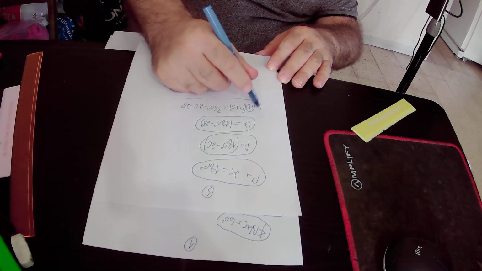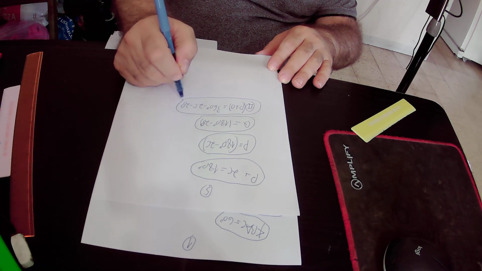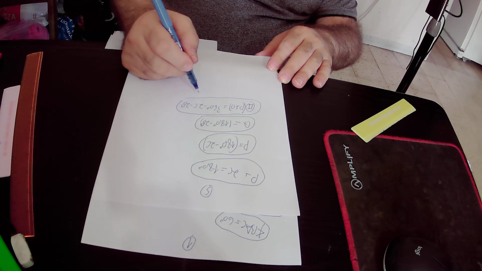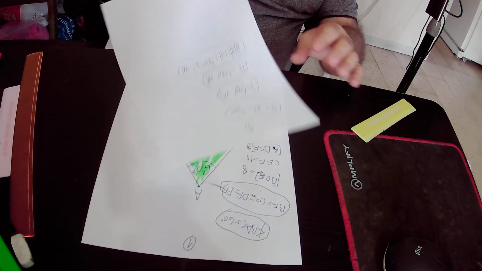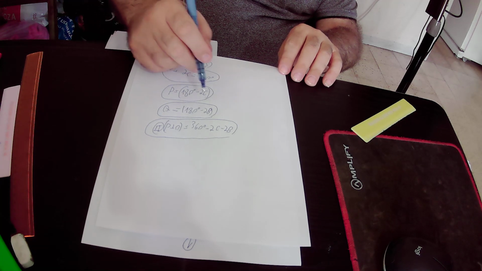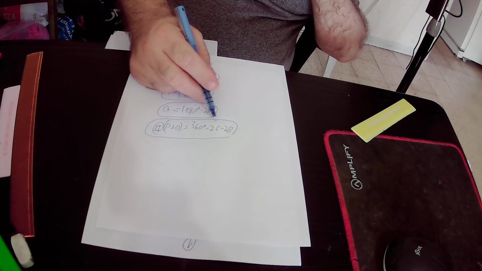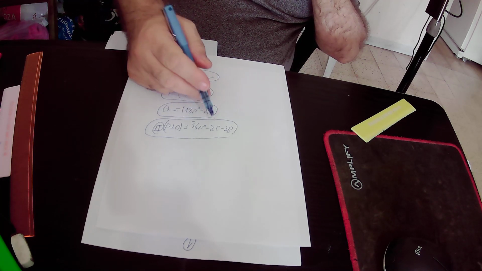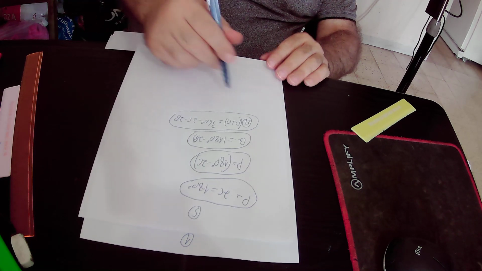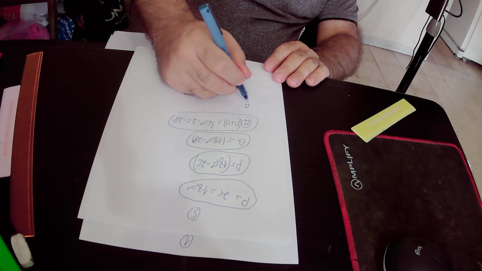Okay, P plus Q equals 360 degrees minus 2C minus 2B. Here we will take out minus 2 as a common factor of this expression.